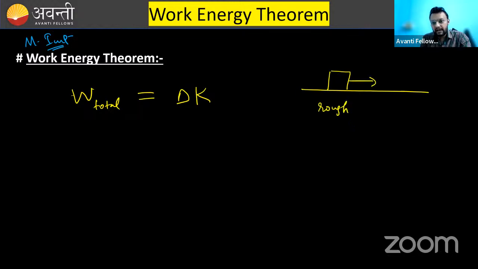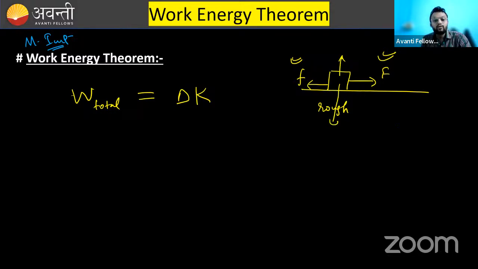I am pulling this block by this force F, then friction must be acting on it in this direction. Then what is the value of total work done? This force is providing some work. This friction is providing some work. And you need to check whether normal reaction is doing some work, whether gravity is doing some work.